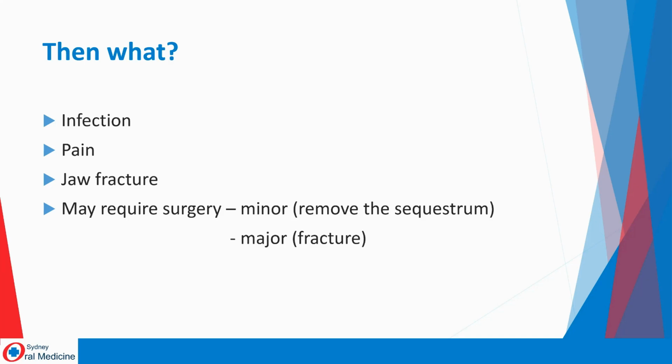Patients will commonly require some sort of intervention, and that may be a little bit of surgery. So in minor cases, it might just require removal of a mobile, loose sequestrum or piece of bone, and that's enough to help it to heal. But in the cases that have jaw fracture, then obviously they require much more extensive surgical intervention.